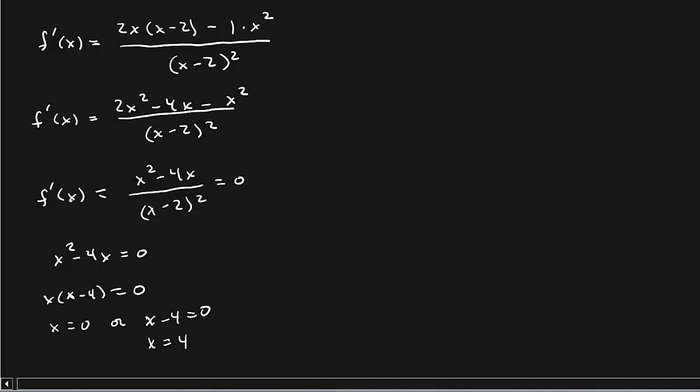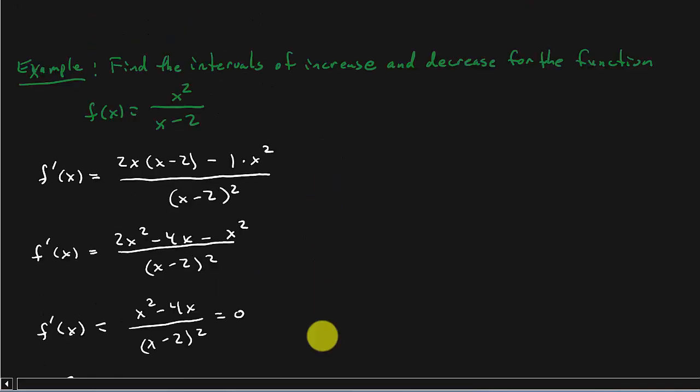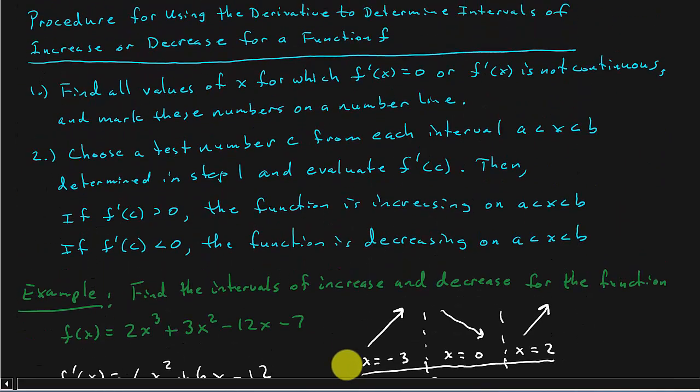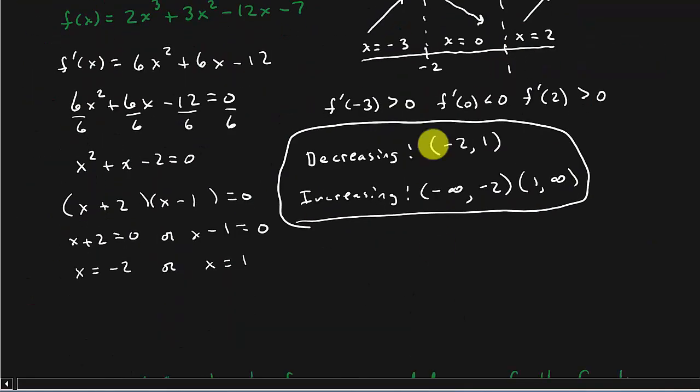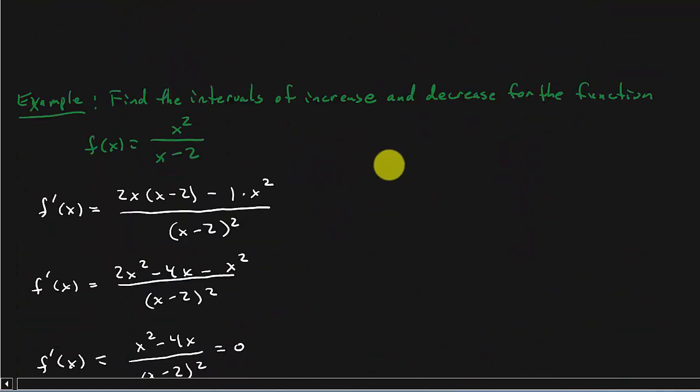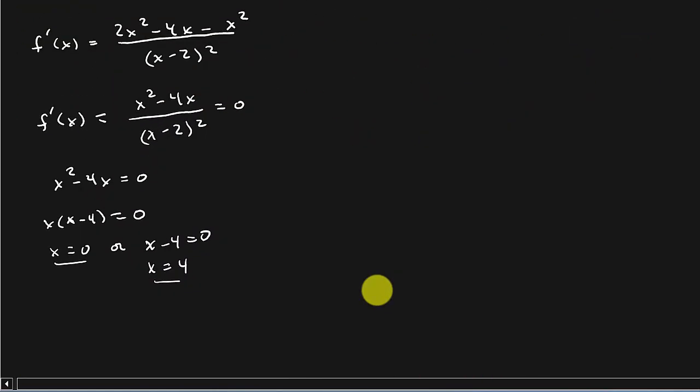We found where the first derivative is equal to 0: at 0 and 4. Remember, we also need where f prime is not continuous. You can't have 0 in the denominator of a fraction, so x minus 2 is equal to 0 when x equals 2. That would make it undefined.